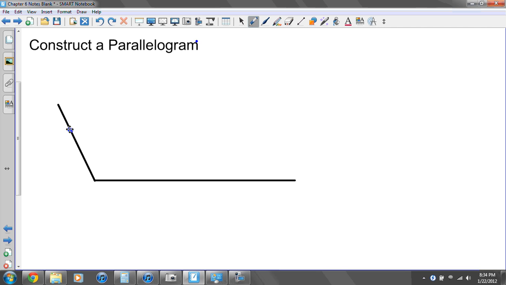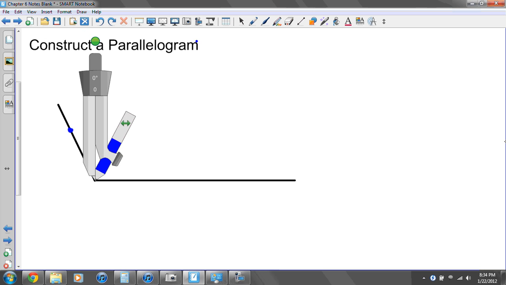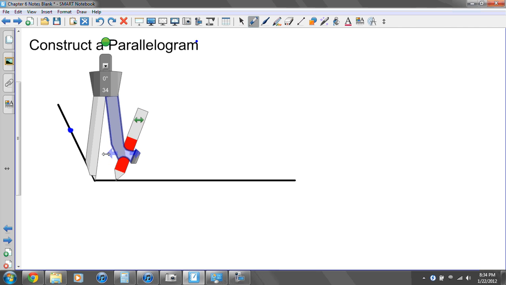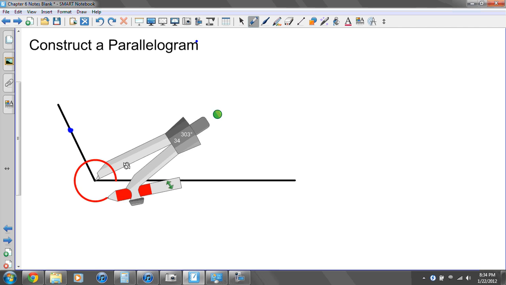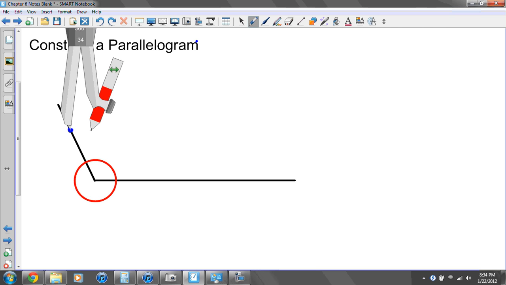That's going to be the end point of my parallelogram. So I'm going to get my compass, and we're going to make a circle, and make the same circle from our other end point here.